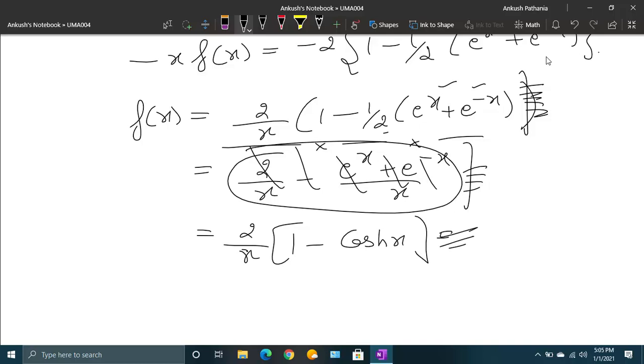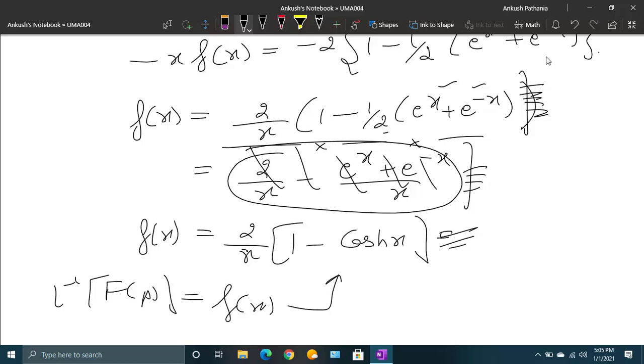This is the relation for f(x) for the given Laplace inverse of F(p): f(x) equals 2 upon x minus (e^x plus e^minus x) upon x.